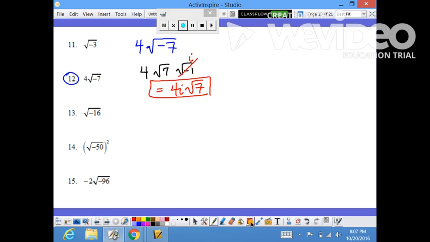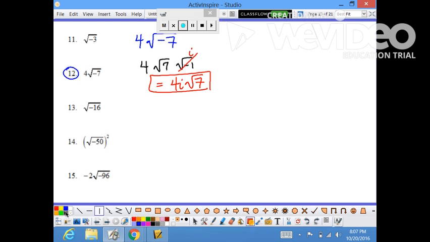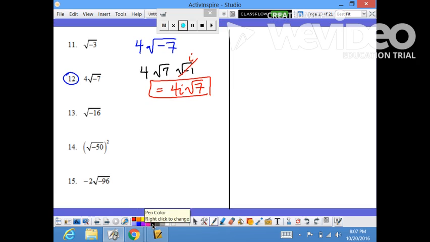Number 14 here for you. A lot of us probably struggle with this, but you can do this one of two ways, and you'll still get the right answer.